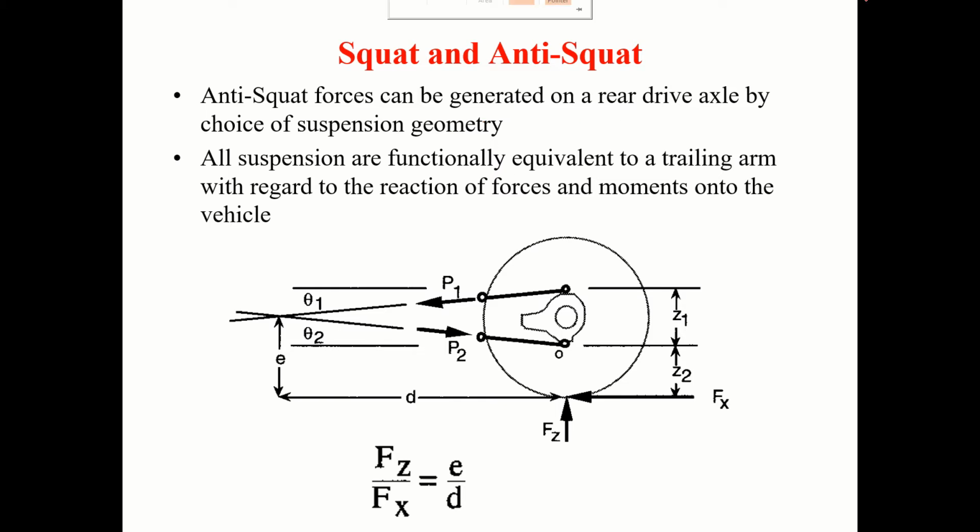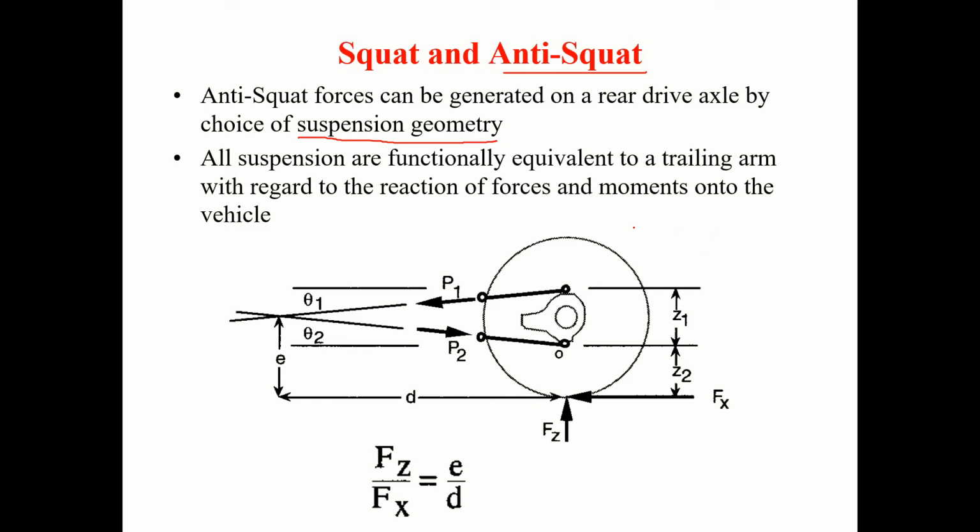So now let us introduce some kind of anti-squat. We can generate anti-squat forces on a rear drive axle by choice of suspension geometry. We can assume that all suspensions are functionally equivalent to a trailing arm.